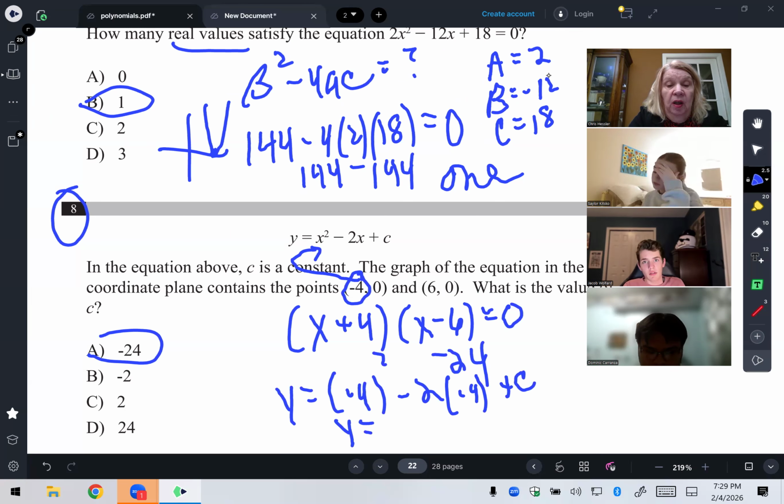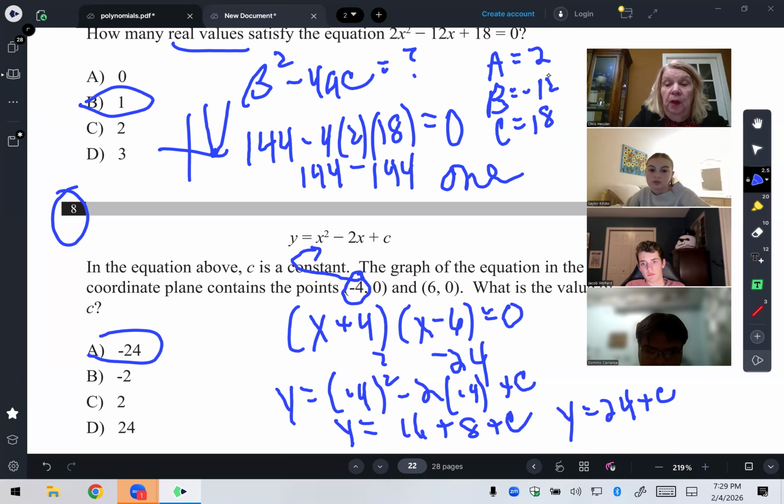That'll give me y equals negative 4 squared, which is 16, plus 8 plus c. So that's going to give me y is 24 plus c.